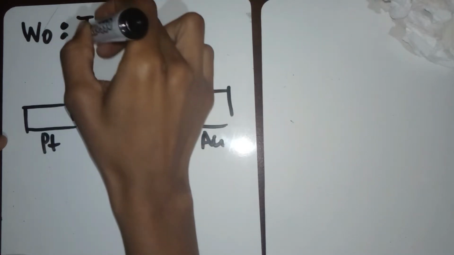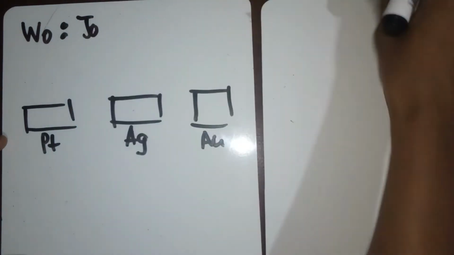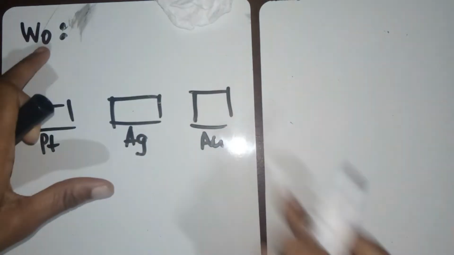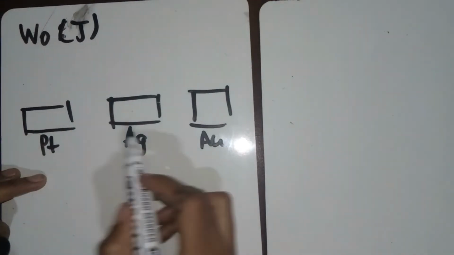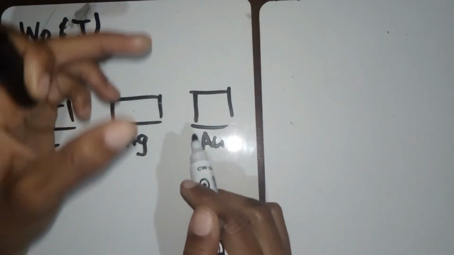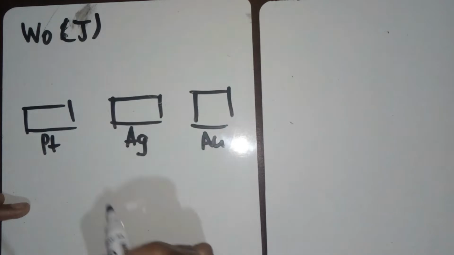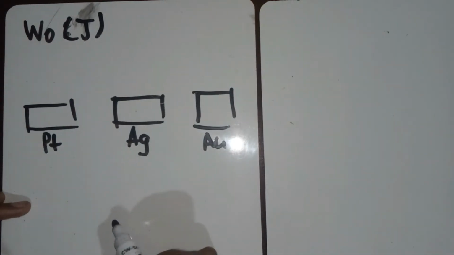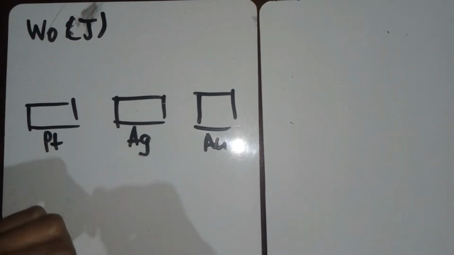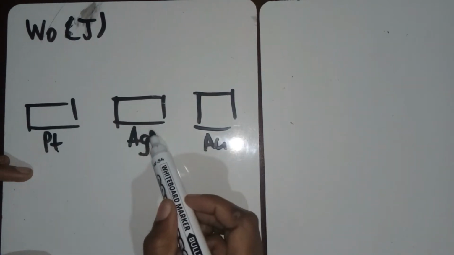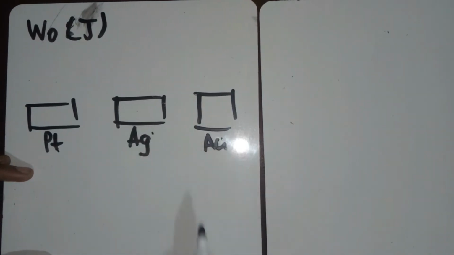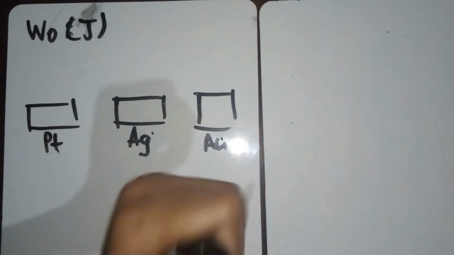It's measured in joules, it's energy, so don't think it's work because it's W. Each metal has a very specific work function. We'll shortly define it, but I want you to realize that the work function of platinum will be different from that of silver, and from that of gold.